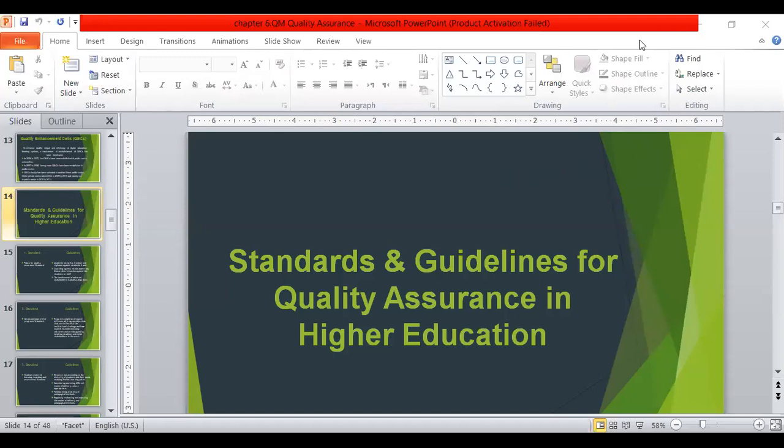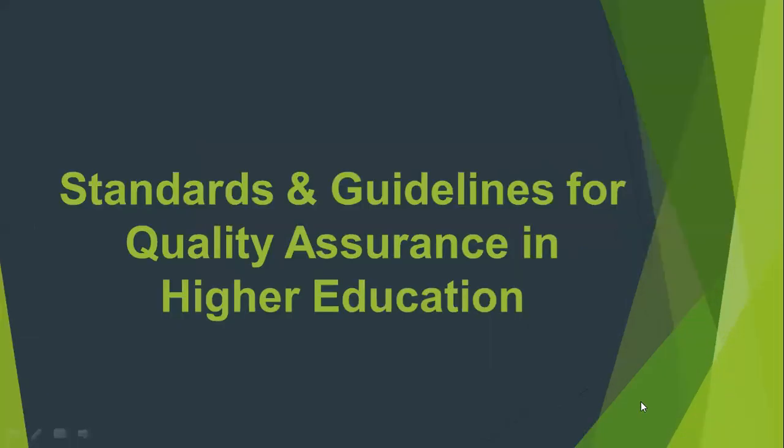As you know, earlier we learned about the quality enhancement division established at HEC Pakistan, then the quality assurance agency that was heading the quality enhancement cells in the universities.